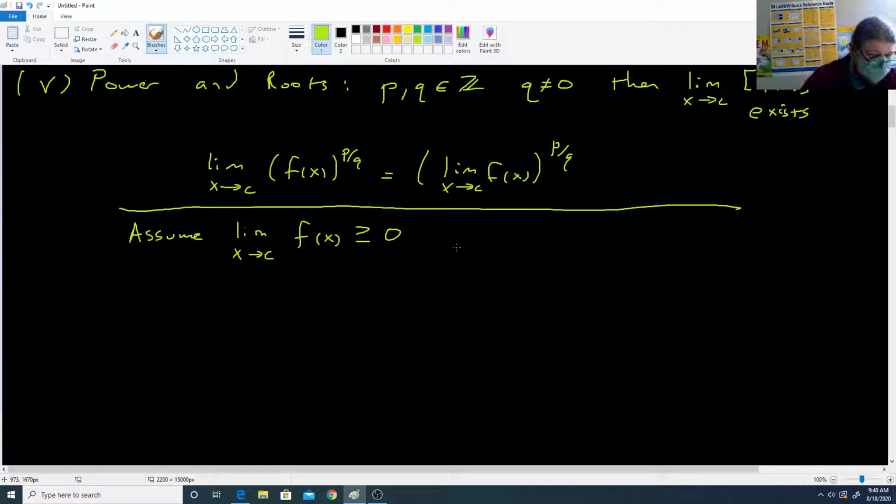But now to get these other statements, we need f of x to be a positive number if q is even, and the limit as x approaches c of f of x is not equal to 0.